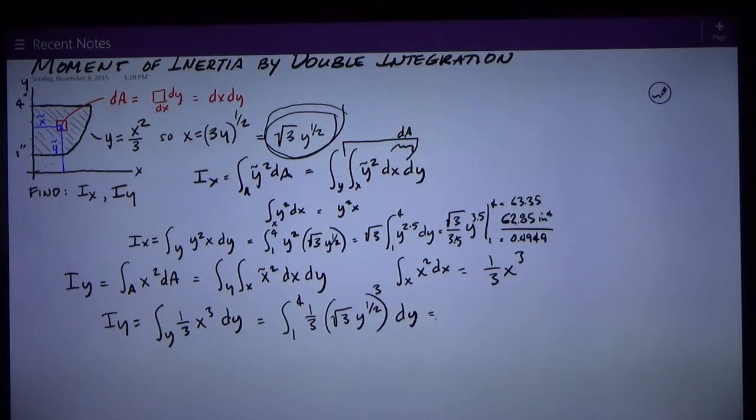So we can evaluate that as the square root of 3 cubed divided by 3, which works out to be 1.732, which is the square root of 3.